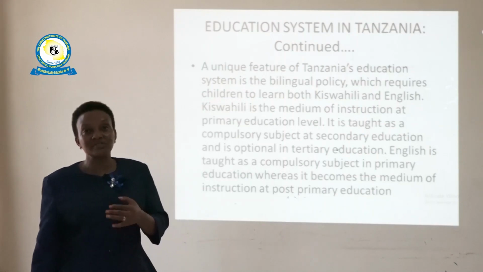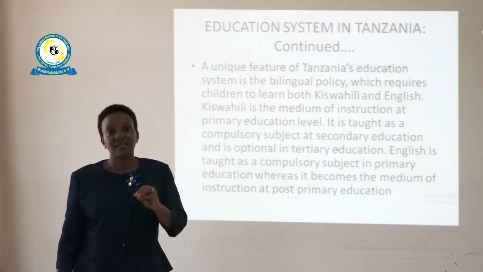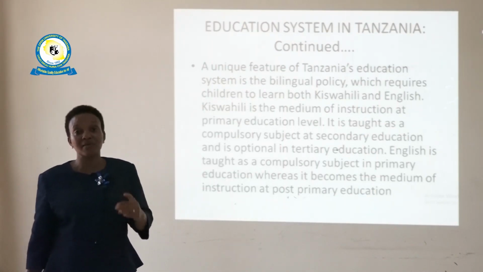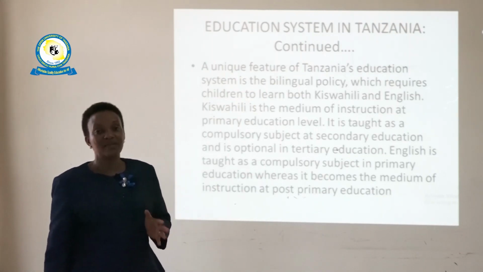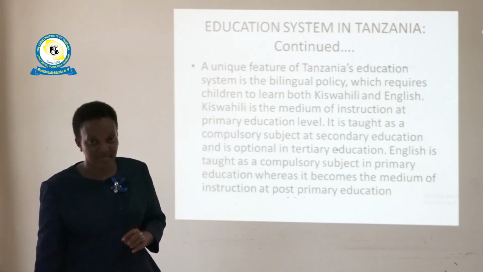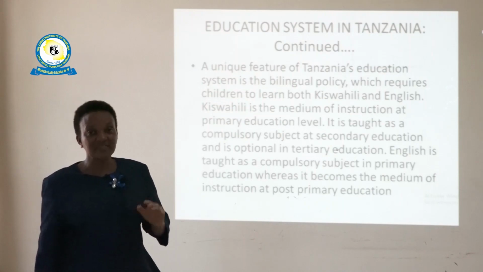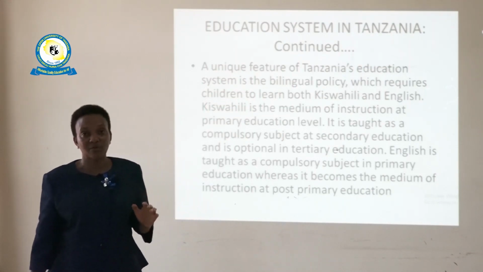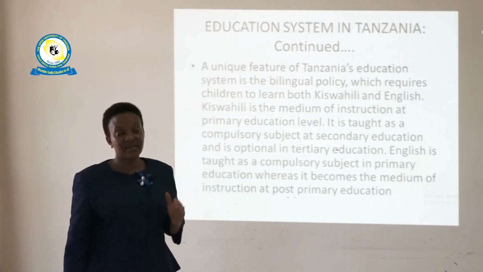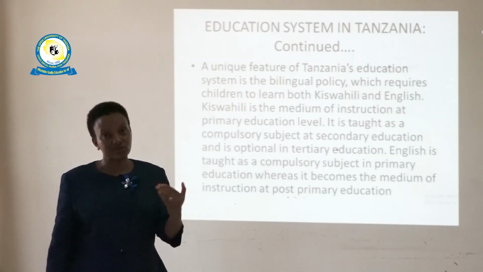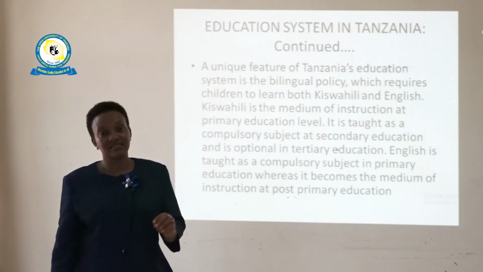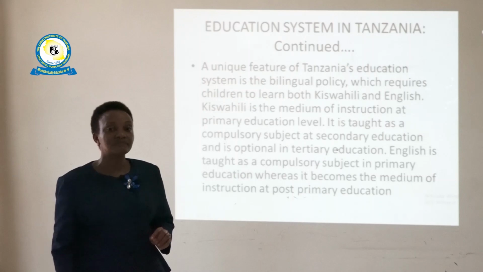But in private schools, English is a language of instruction, a medium of instruction. It is taught right from the beginning, standard 1, a child is learning English as a subject, but it is also used as a medium of instruction.